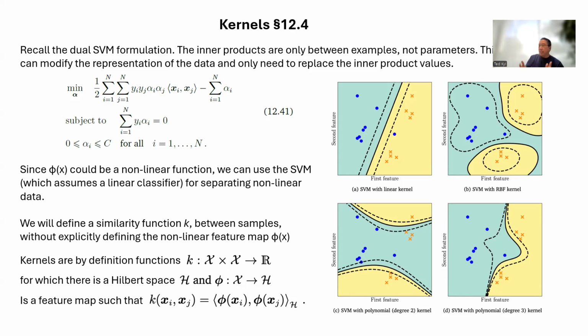Xi and Xj never appear by themselves. Only the dot products appear. So as long as you can calculate the dot products, it does not matter what you actually did to the Xis and Xjs.